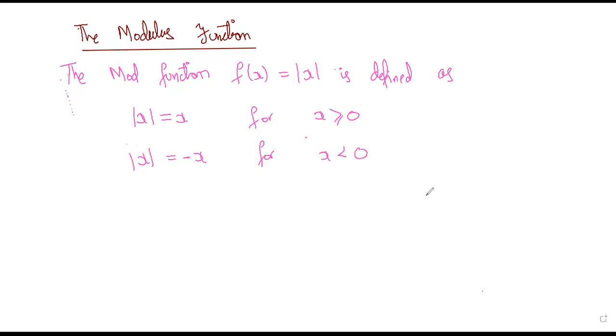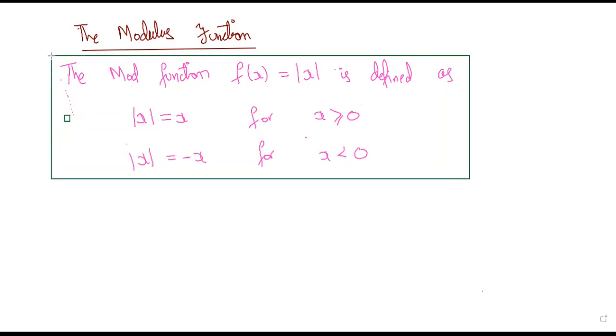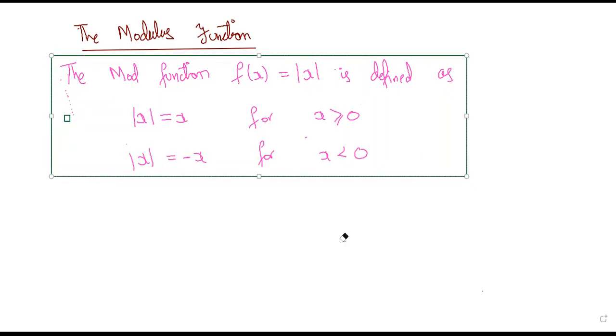All right. Okay. So this is basically the formal definition of the modulus function that we need to discuss. So let's talk about the definition first and then we'll talk about the remaining contents.